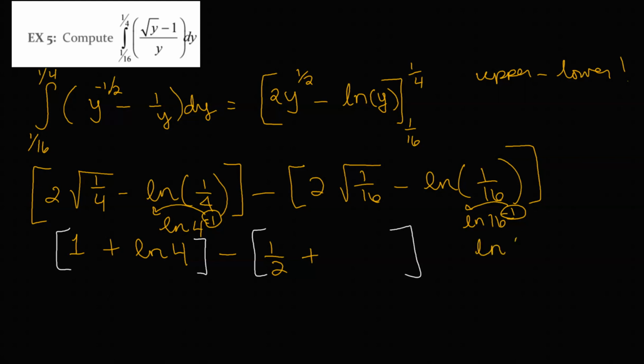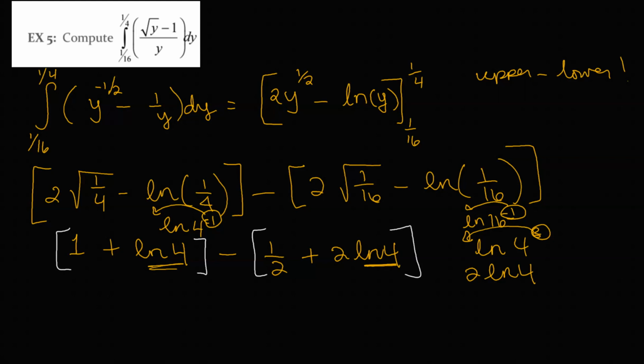But 16 is 4 to the 2nd power, so the 2 can go in front, and then I will have 2 ln 4. The reason why I wrote 2 ln 4 is because it's like term to here. Now we could actually reduce that further to ln of 2 on both of them if we want to, but it really doesn't matter.